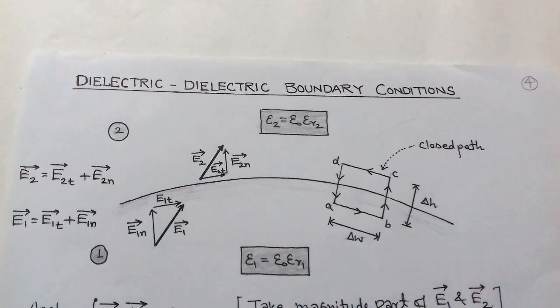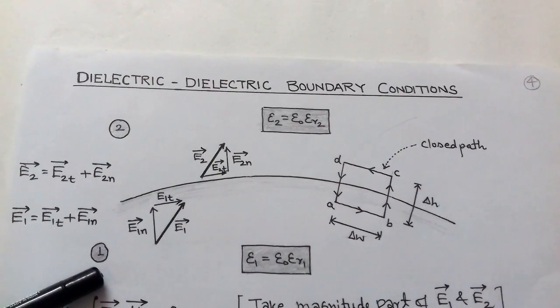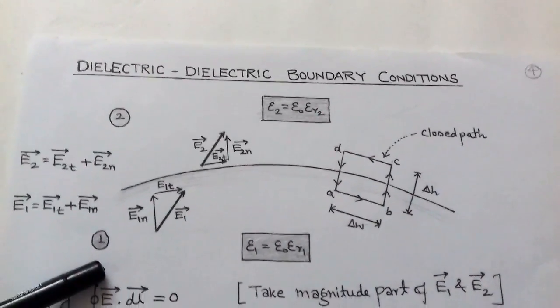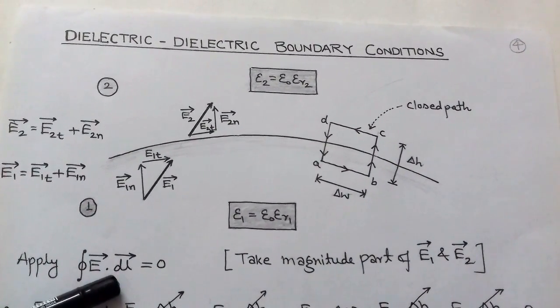We determine the boundary condition using the first Maxwell equation, the closed line integral of E dot dl equals 0.